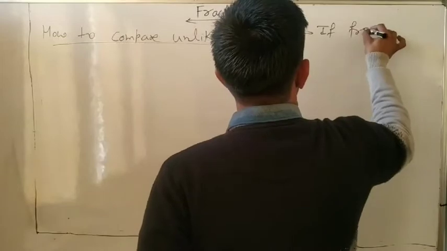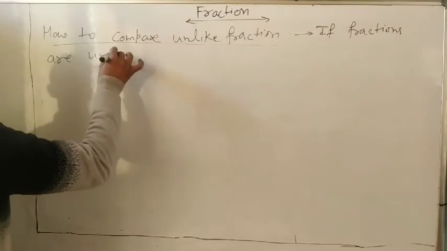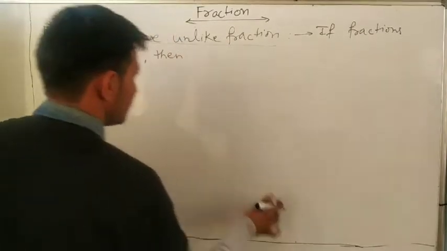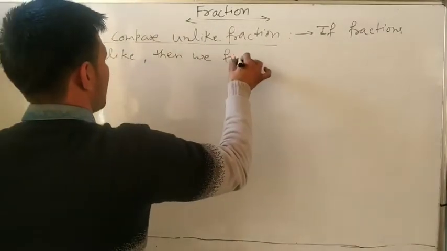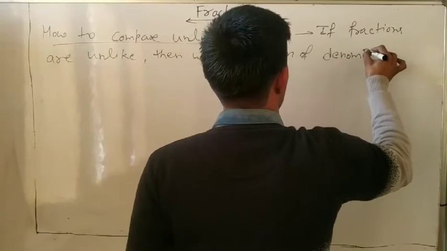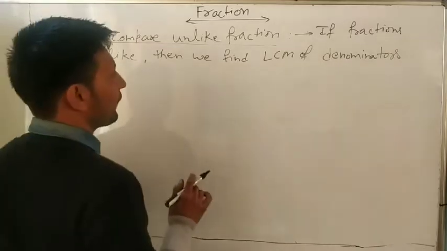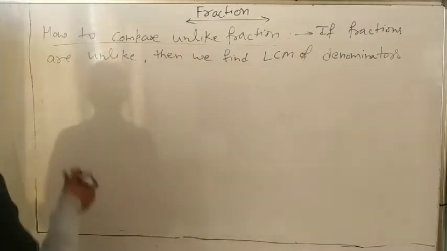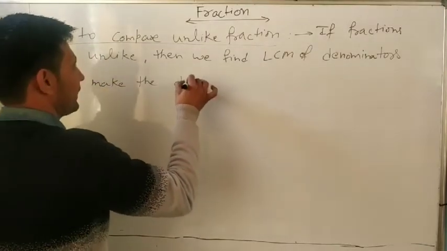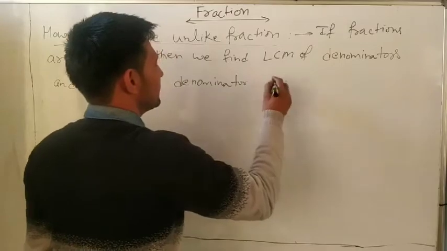If fractions are unlike, then we find the LCM of denominators and make the denominator the same.